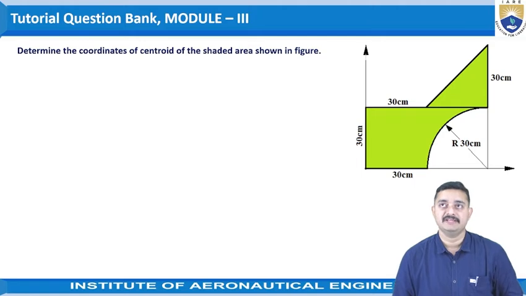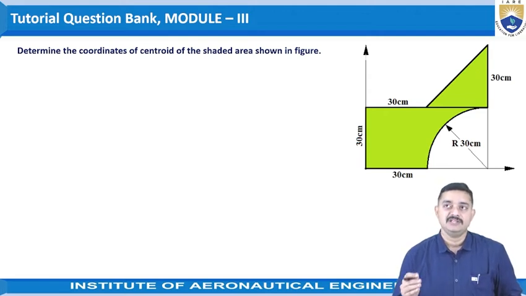So the problem given is determine the coordinates of centroid of the shaded area shown in figure. So this is the complex area that is being given here. All the units are in centimeters and it is given in the form of 30 centimeters for all the sides.